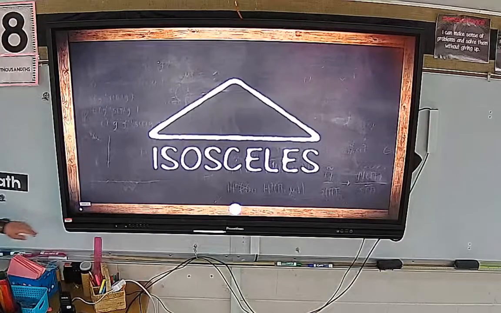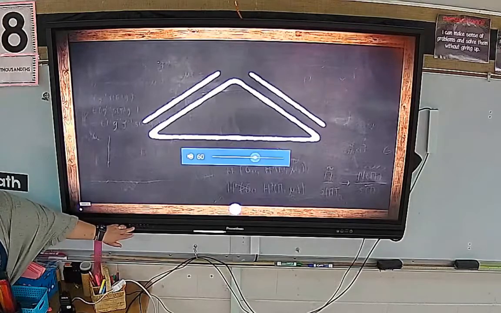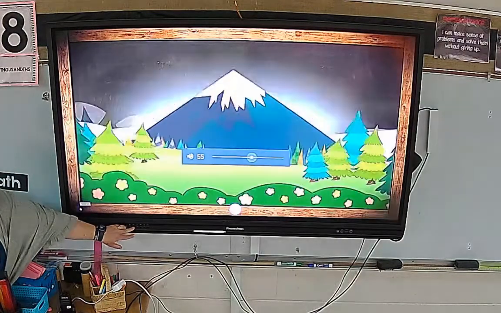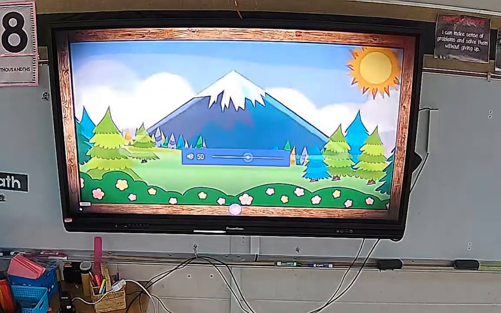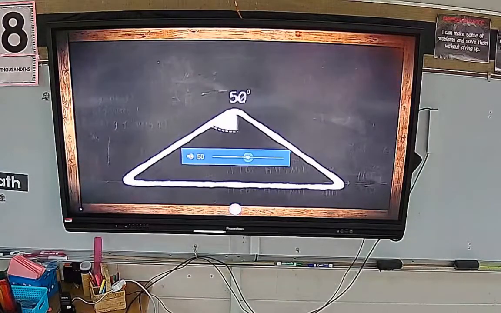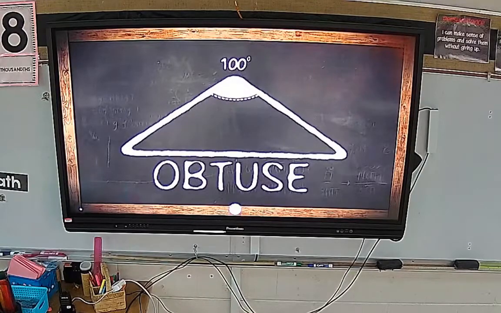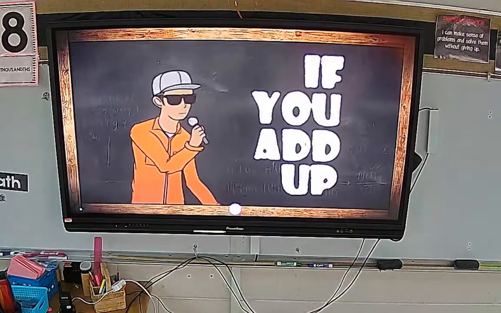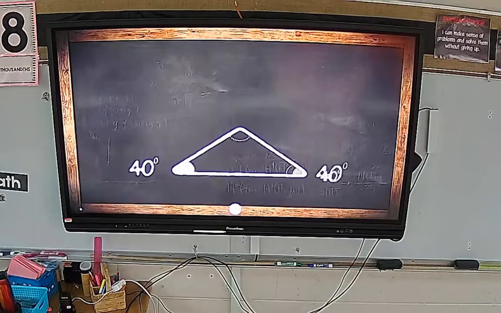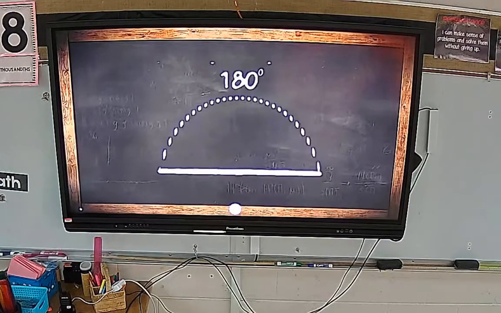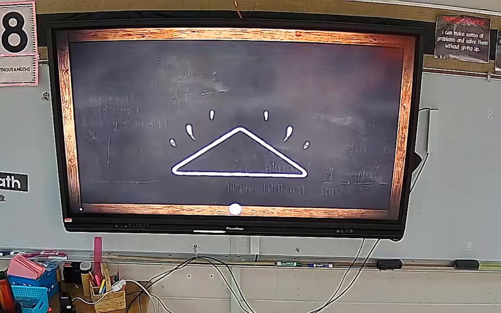Isosceles triangles have two equal sides. Like this mountain we're about to climb. And since one angle's over 90 degrees, an obtuse triangle is what we see. If you add up every angle, there are 180 degrees in a triangle.